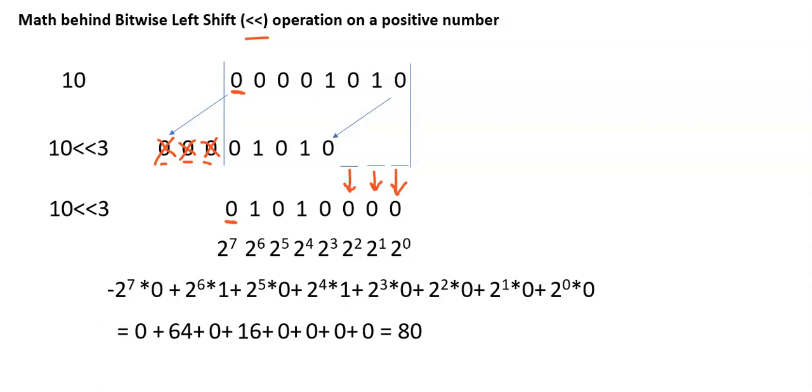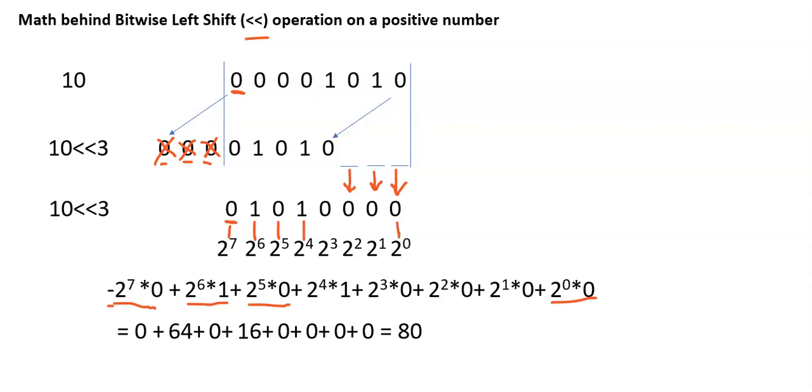For the sign value, we use the minus symbol: minus 2 power 7 into 0, plus 2 power 6 into 1, plus 2 power 5 into 0, and so on. We write 2 power 0 into 0. So minus 2 power 7 into 0, plus 2 power 6 into 1, plus 2 power 5 into 0, plus 2 power 4 into 1, likewise, and so on, plus 0 into 2 power 0.